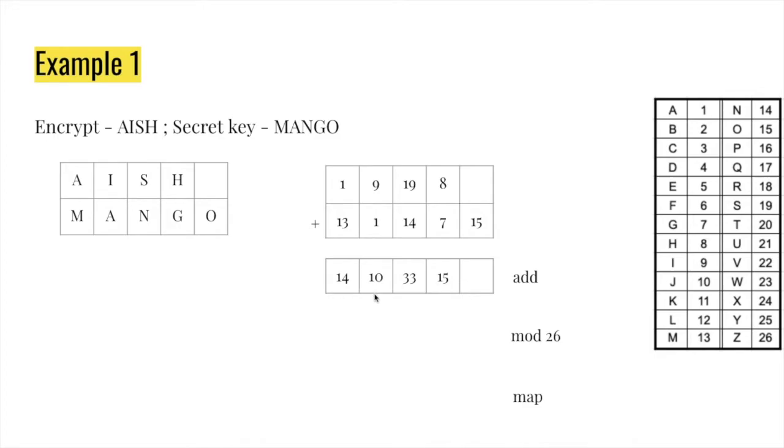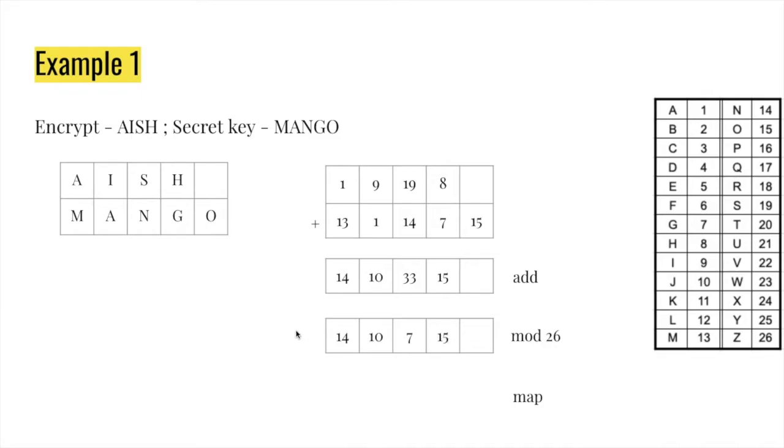Similarly, 10 mod 26 is 10. Now what will be 33 mod 26? What will be the quotient and the remainder here? So we can have quotient as 1 and the remainder as 7. So 26 into 1 plus 7 gives us 33. And 15 mod 26 gives us 15.